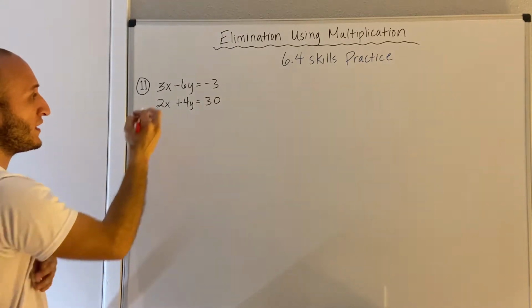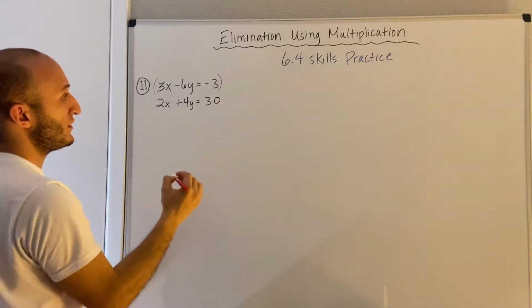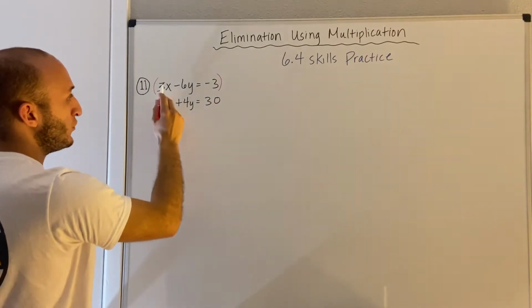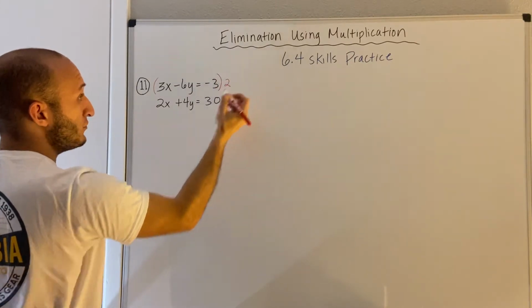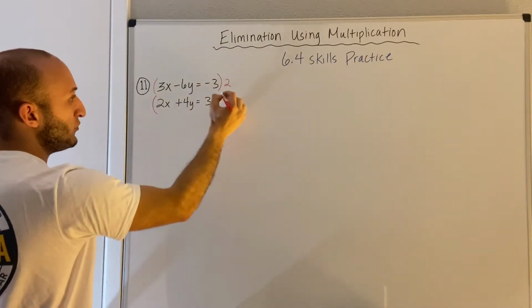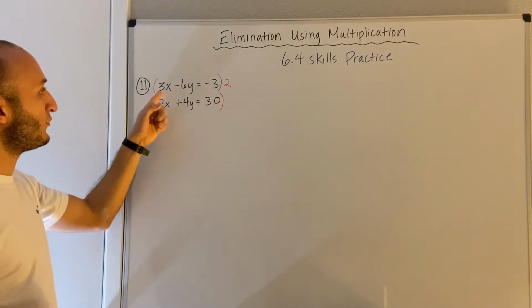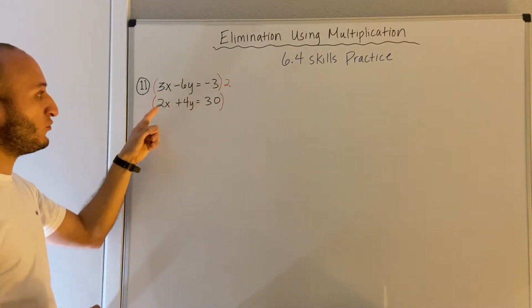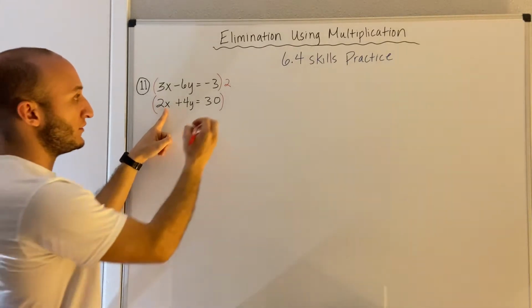The way I'm gonna do that is I'm gonna grab all of this equation and multiply it by what it's missing for this one. So times 2. And I have to multiply this one, because if I multiply 2 times 3, I get 6x. So what do I have to multiply 2x by to get 6x? Well, it's a 3.